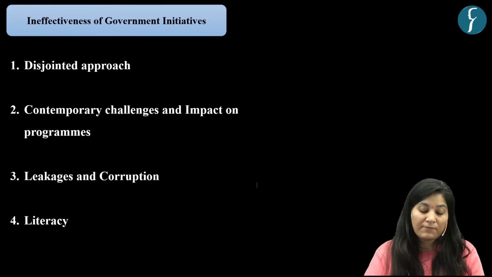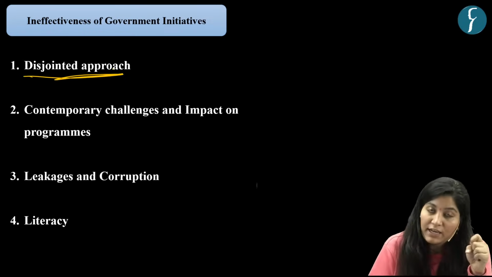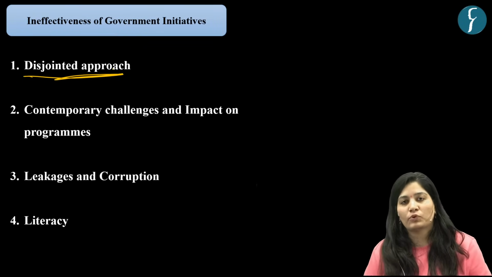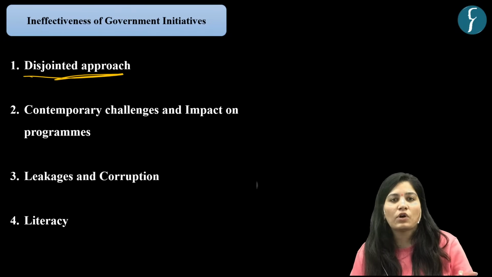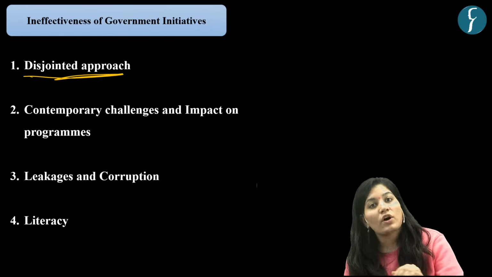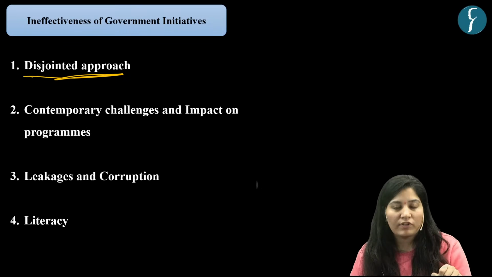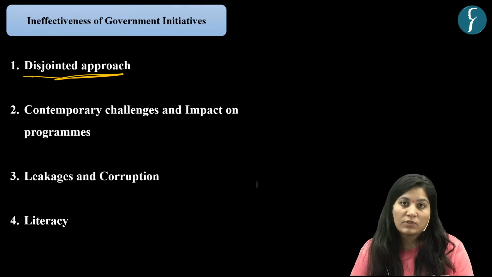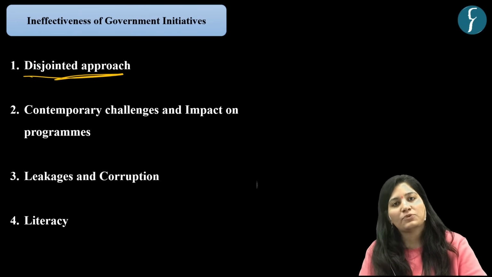The first factor is the disjointed approach. Now what is the disjointed approach here? See, as we have covered just now, poverty is not limited to the economic or monetary angle. It has a wider connotation, which involves political, social, cultural factors. So it is a multi-dimensional aspect. For any multi-dimensional aspect, you need what?